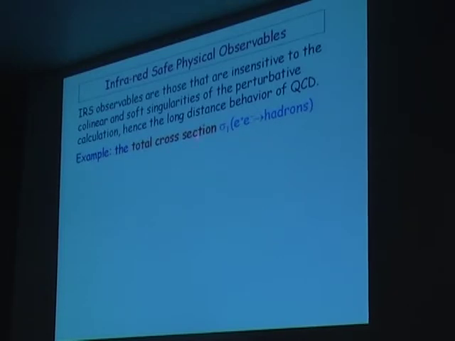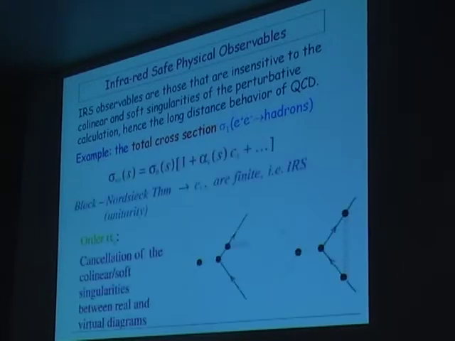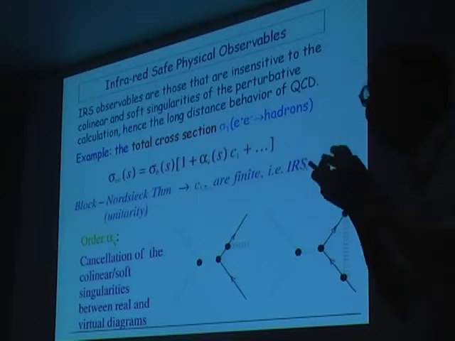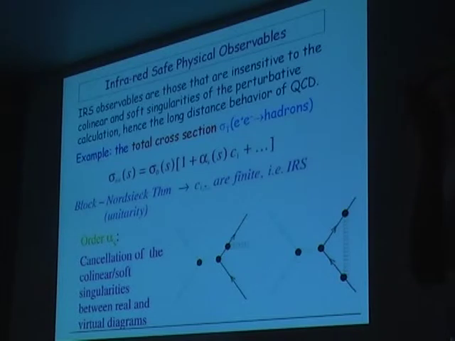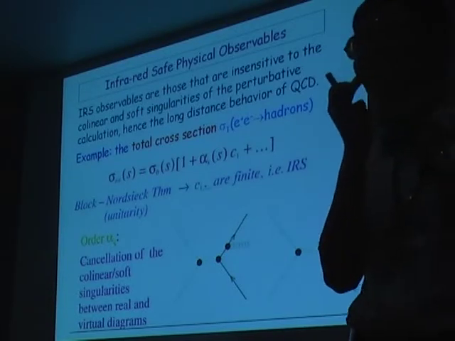One example is the total cross-section, which is obtained from the differential cross-section I just mentioned by integration. If we integrate that expression over the entire phase space, even though naively for the particular diagram I showed you we see singularities, if you add up everything, those divergences actually go away.